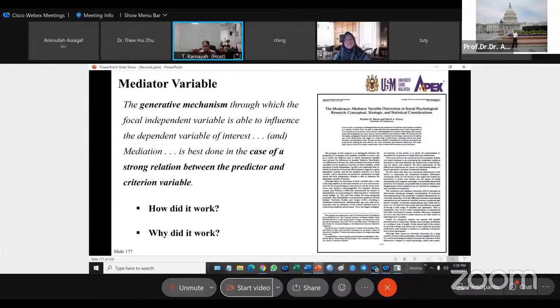So the idea is similar to the middleman theory. You can go directly to the third person, but if you have a middleman, things get done faster. So the middleman is the mechanism that links you to the person you want to get things done. So that is the basic idea of a mediation model.